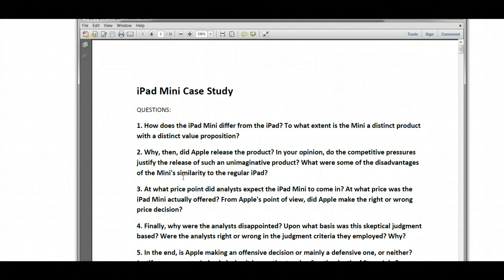And of course, I definitely feel there were some disadvantages of the Mini being so similar to the regular iPad, that users who have the regular iPad may not be so convinced that they need a mini. People who have an iPad usually also have an iPhone, but I don't think you're going to find many people who have an iPhone, an iPad mini, and a full-size iPad.